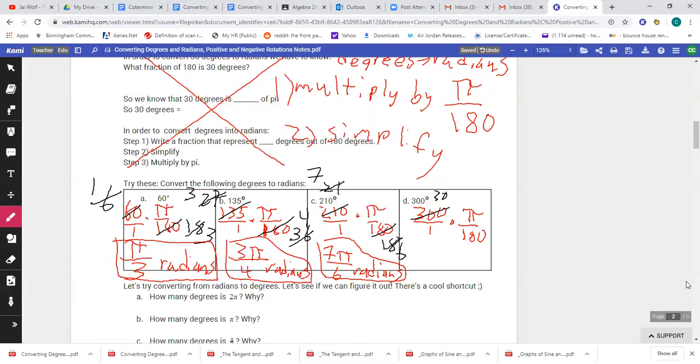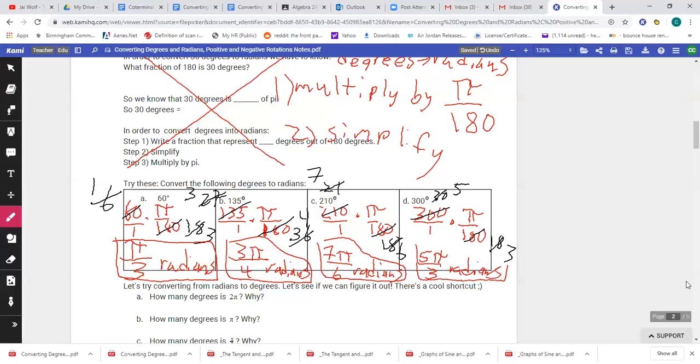This is 30, and this is 18. And now the biggest number that can go into 30 and 18 is 6. So 6 goes into 30 5 times. 6 goes into 18 3 times. And so if I convert this to radians, it's 5 pi over 3.